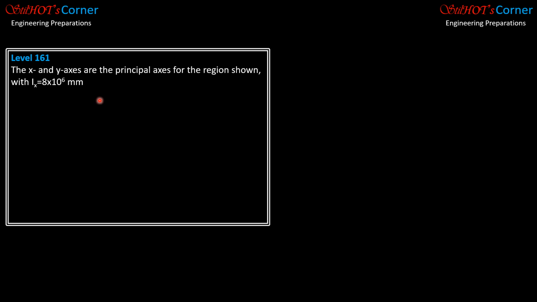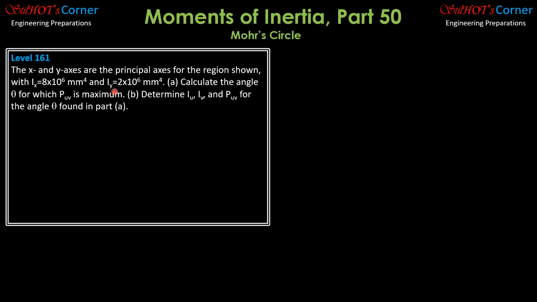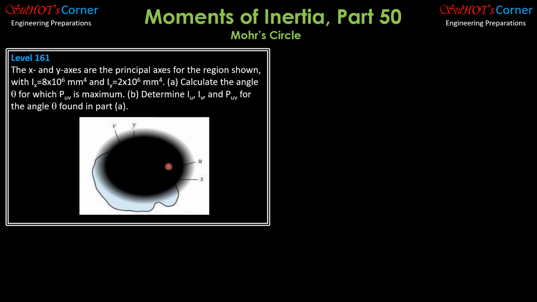Level 161. The X and Y axes are the principal axes for the region shown, with I bar x equal to 8 times 10 to the 6 mm to the fourth and I bar y. This is not shown here because in the figure these axes x and y pass through the centroidal axis.